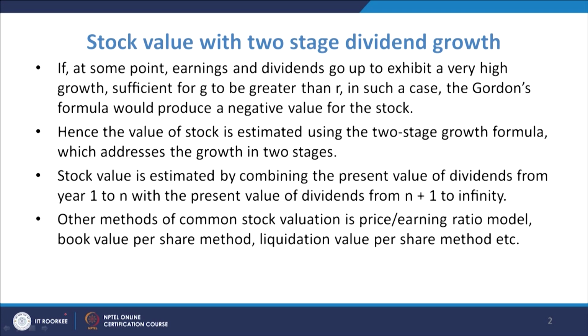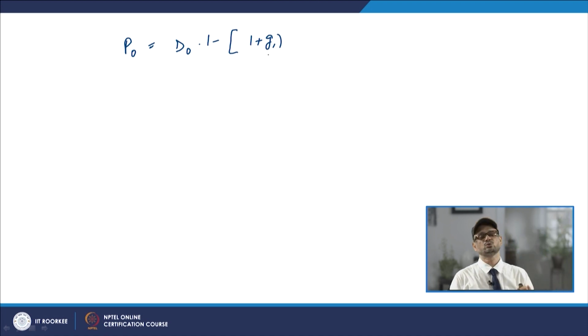So, if you look at the formula, you have P naught. P naught will be D naught multiplied by 1 minus, then 1 plus G 1, and you have G 2, there are two growth rates.